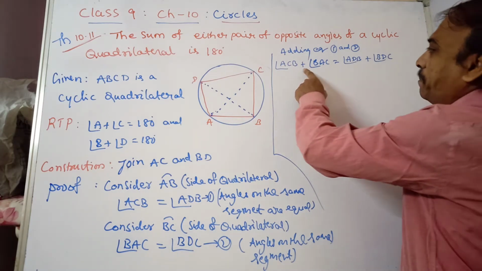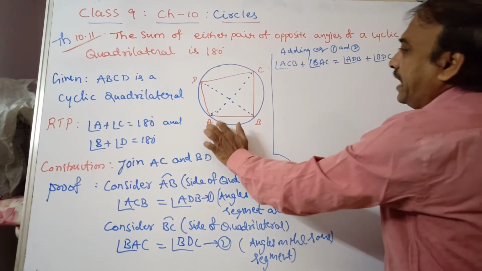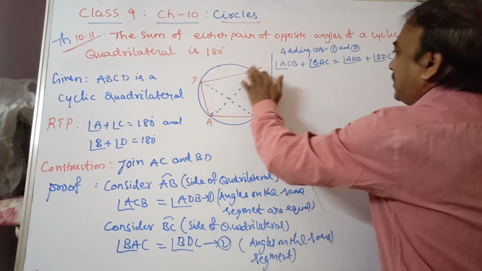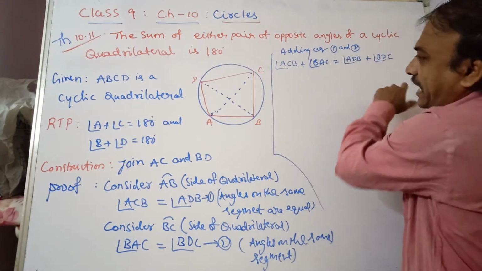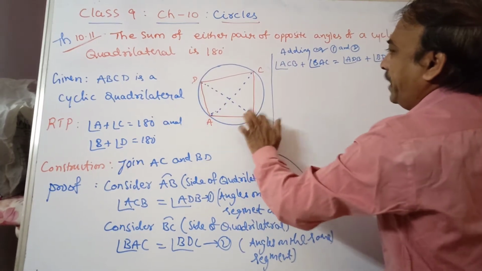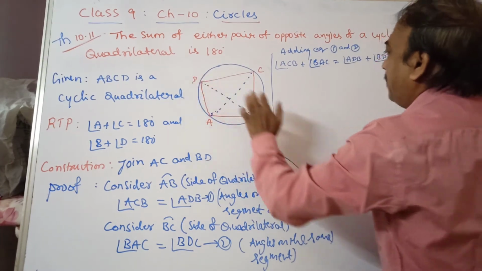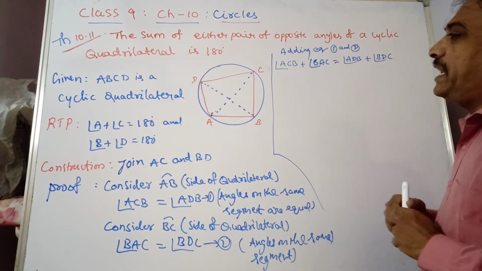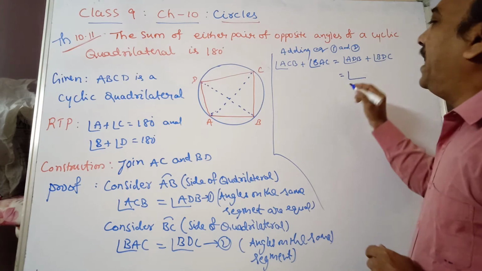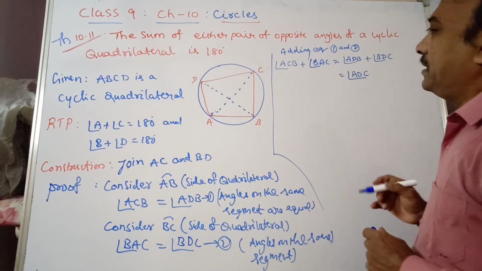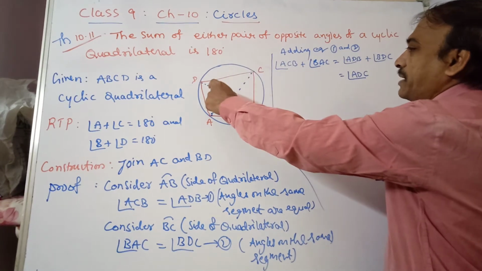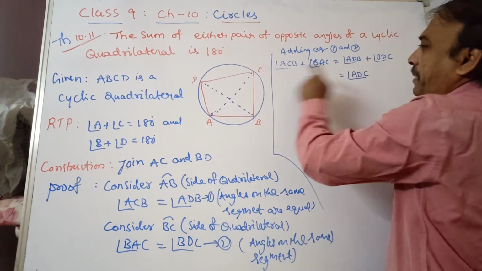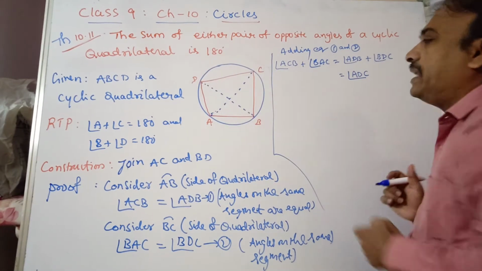Angle ACB plus angle BAC is equal to ADB plus BDC. Following? Angle ADB and BDC you can write as angle ADC. Observe it: this angle plus this angle, ADB is this portion and BDC is this portion, together will give you angle ADC.